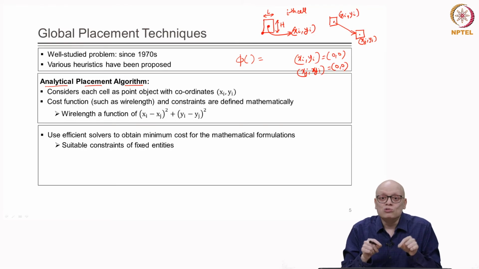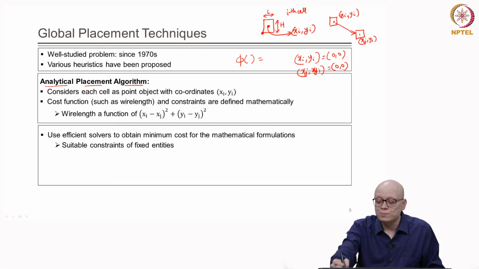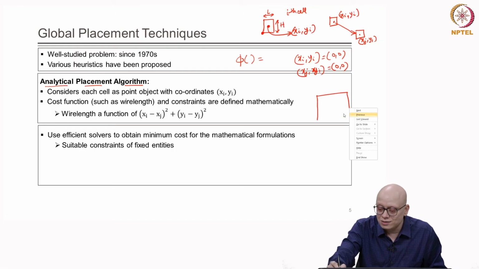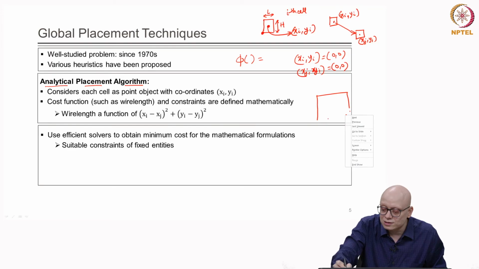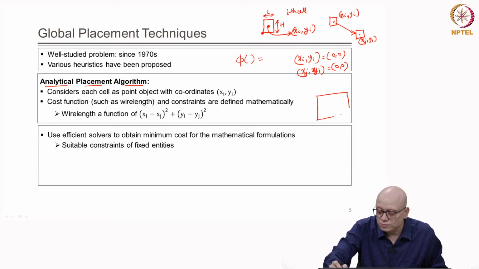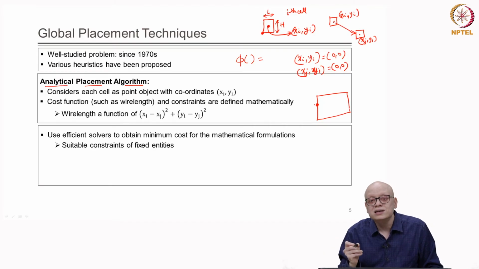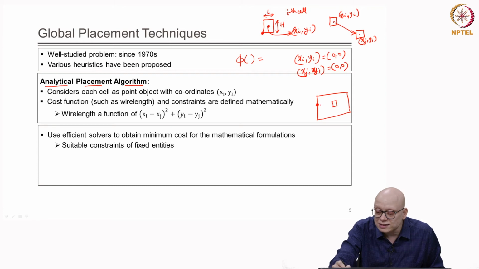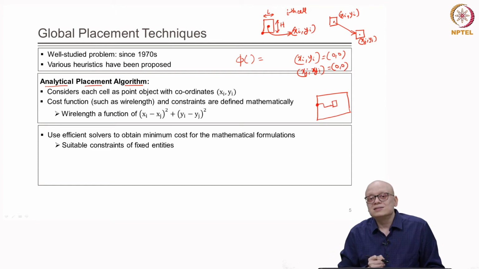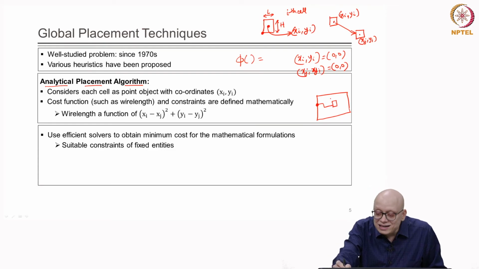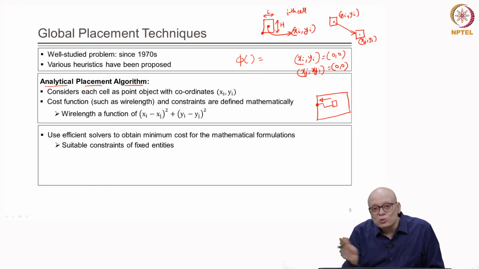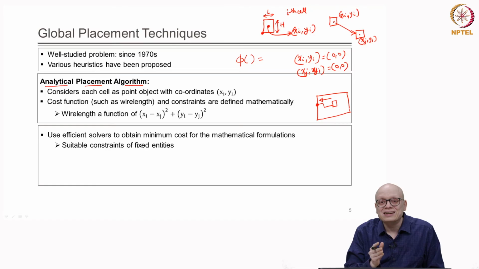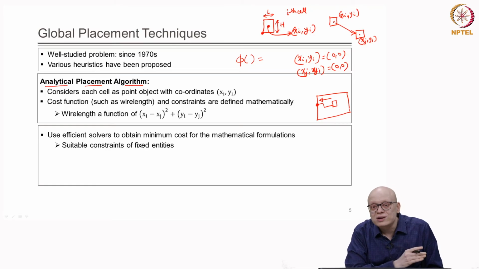And therefore, consider the fixed entities which are connected, for example, an IO cell which is at this point. We decided its location during chip planning. Now, if a cell is connected to this IO cell, then it needs to be brought closer to it. It cannot be arbitrarily put anywhere.